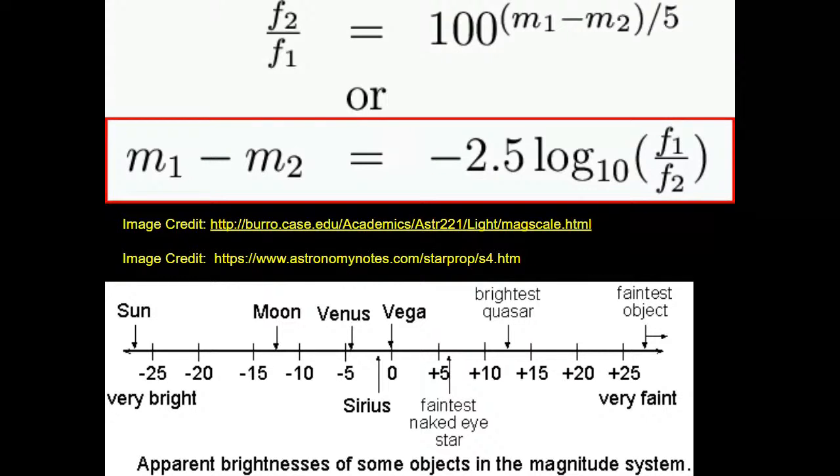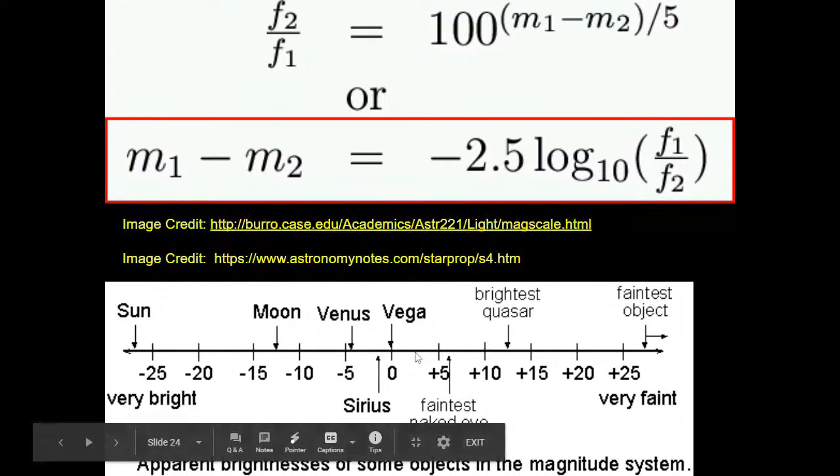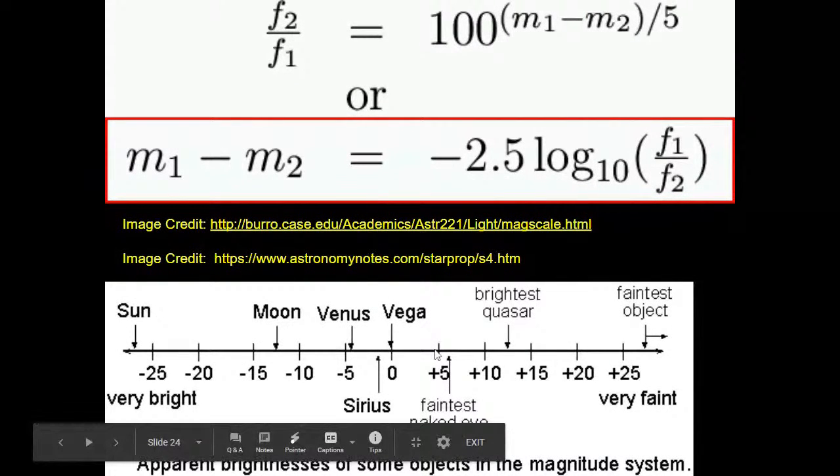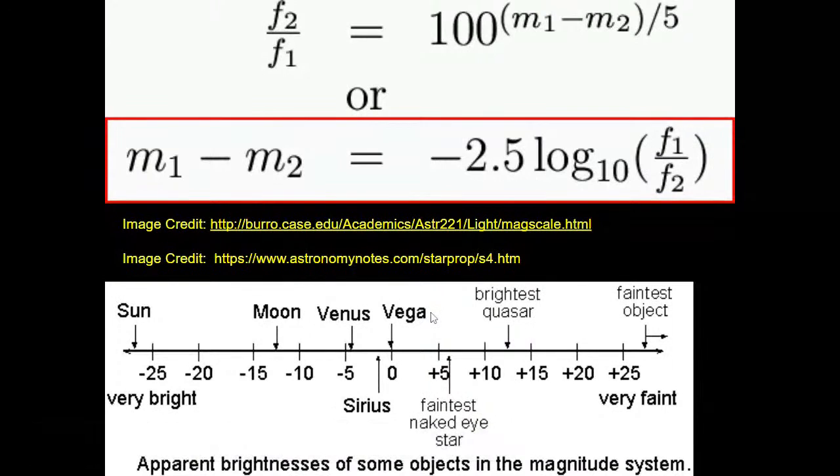So, historically, when an astronomer said that this is a star of magnitude 1, this is a star of magnitude 2, the ancient astronomer did not realize that when you say magnitude 2, it doesn't mean that its brightness is half of a magnitude 1 star. Okay? Rather, magnitude goes in a logarithmic fashion.